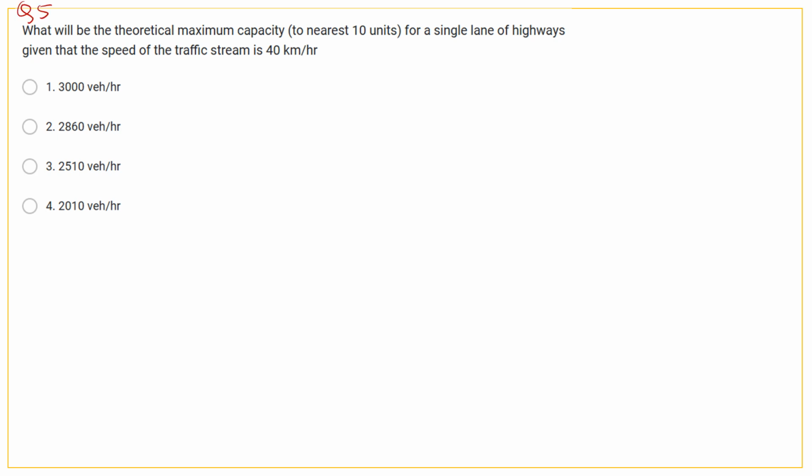What will be the theoretical maximum capacity to nearest 10 units for a single lane of highway, given that the speed of the traffic stream is 40 kmph, 40 kilometers per hour.